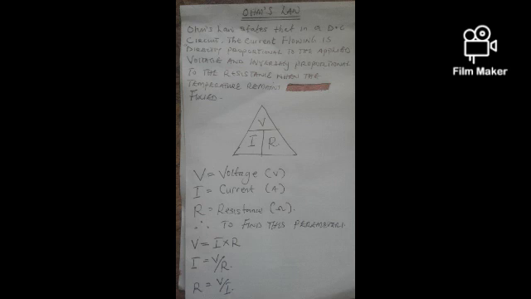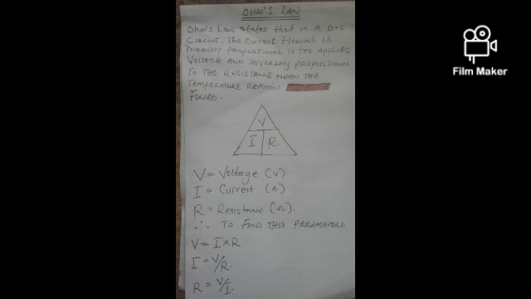Now let's look at Ohm's law. Ohm's law states that the current flowing in a DC circuit is directly proportional to the applied voltage and inversely proportional to the resistance when the temperature remains fixed or constant. Three quantities are mentioned here: voltage, current, and resistance.